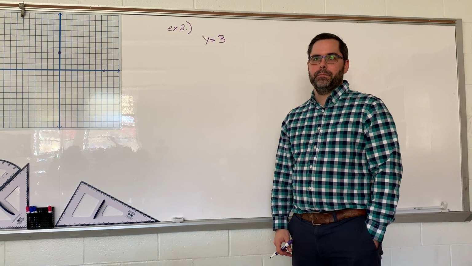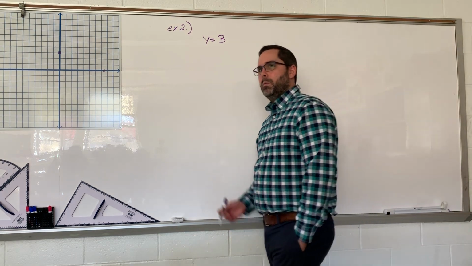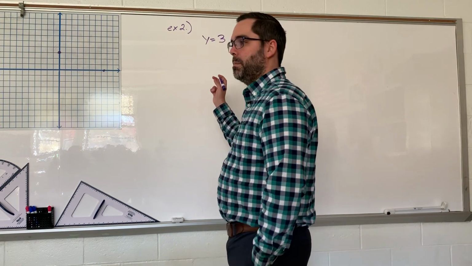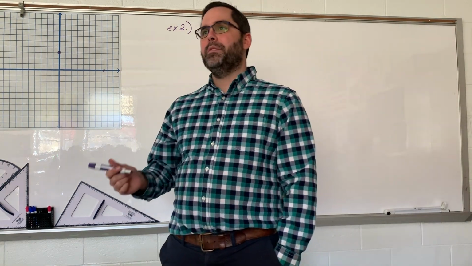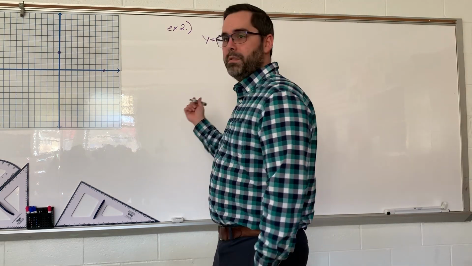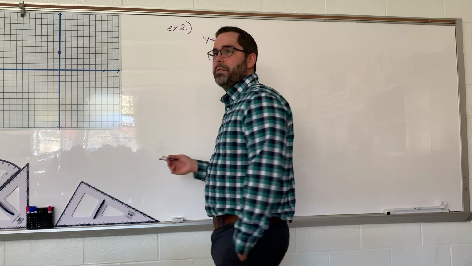The x-intercept is when y is 0. Is y 0? No. The y-intercept is when x is 0. So there's no x, right? So this basically means there's no x-intercept.